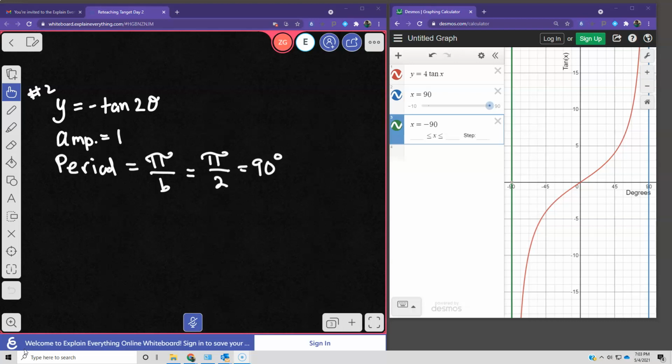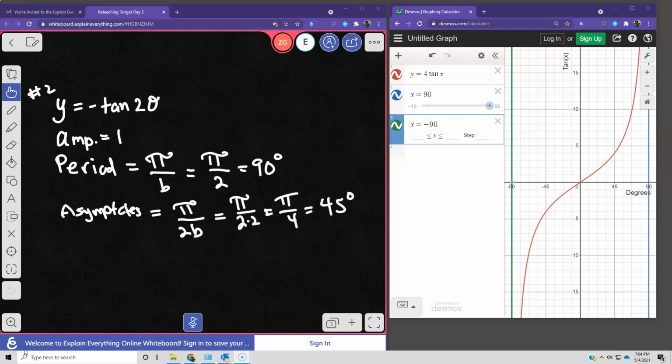So to find the first asymptote, it's equal to pi over 2b. And we know that b is 2, so it's going to be pi over 2 times 2, which is pi over 4, which equals 45 degrees.